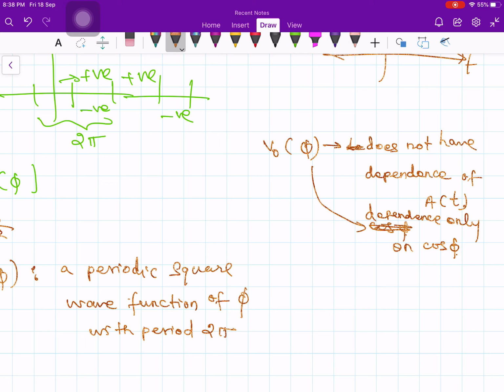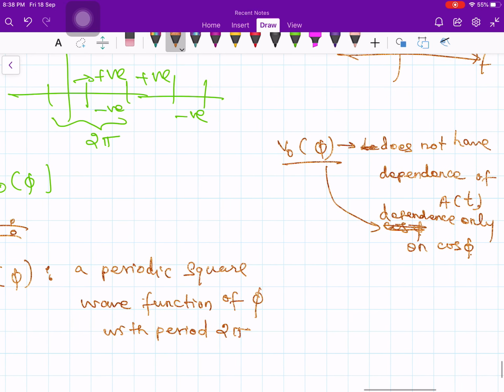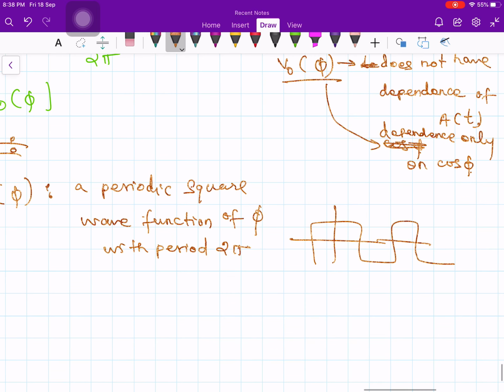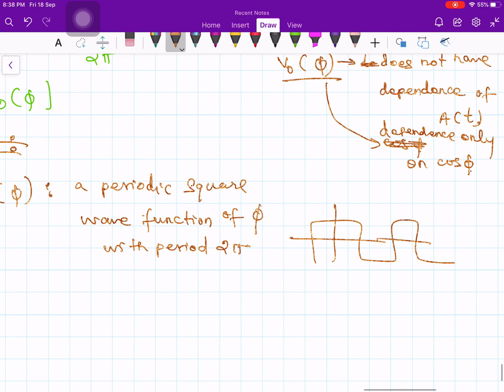So your v naught of phi is a function of phi, which is a square wave with a period of 2 pi, and therefore I can represent this v naught of phi in terms of Fourier series, because you have a square function with a period of 2 pi. Not as a function of time, please remember, as a function of the phase.